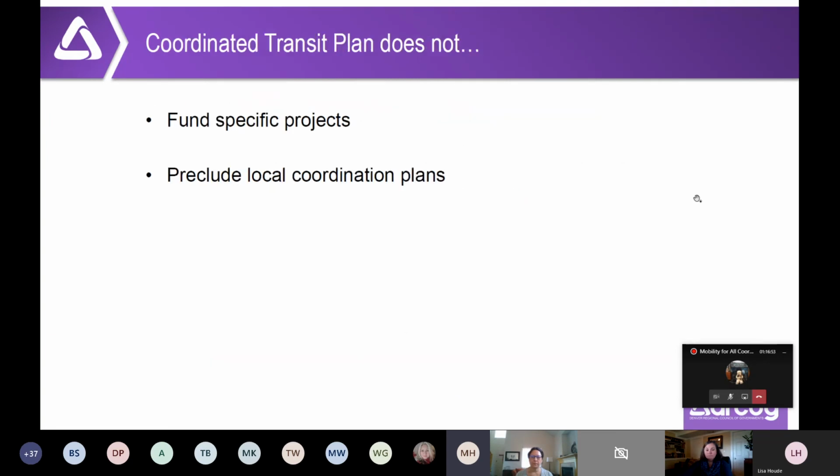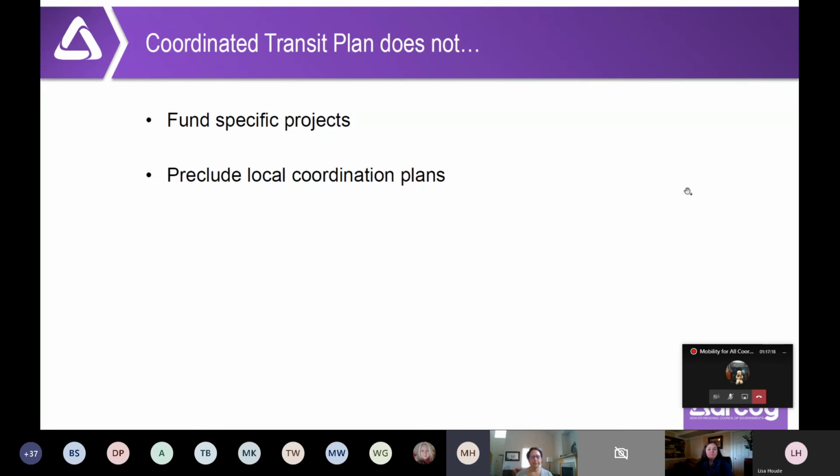Next slide. What the coordinated transit plan does not do, it does not fund specific projects. And the second one's important, given what Angel said earlier. It does not preclude local coordination plans. So thrilled to see that you guys are embarking on your own local coordination plan in your community.